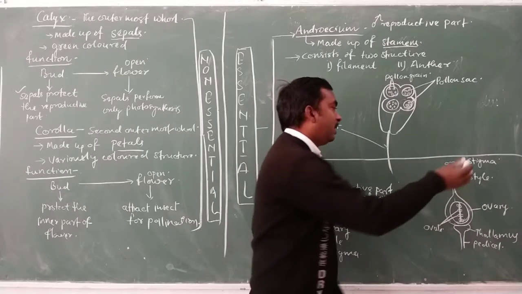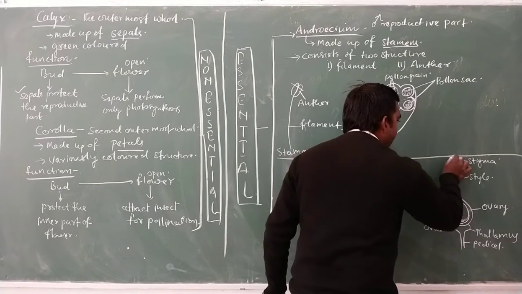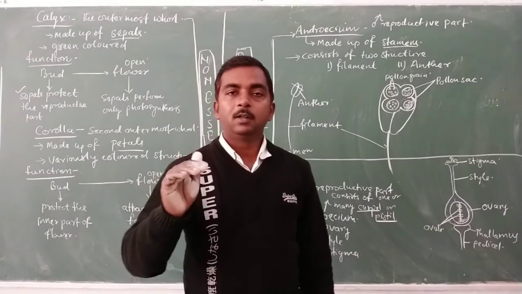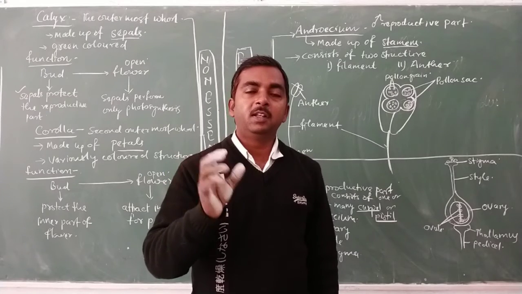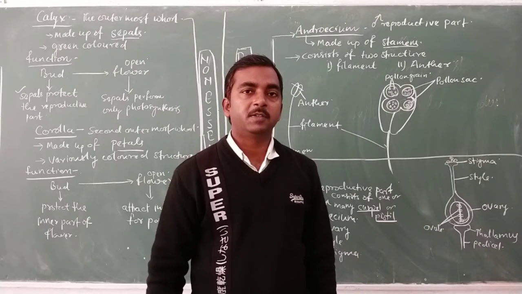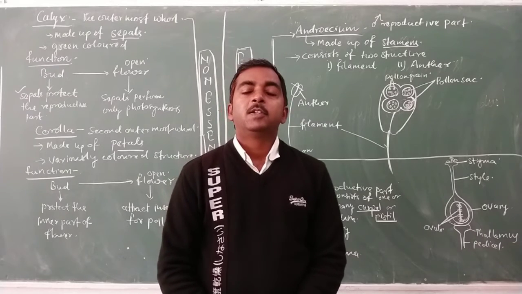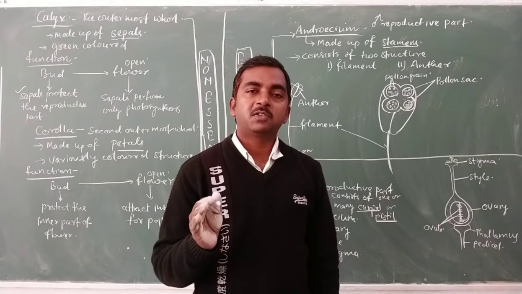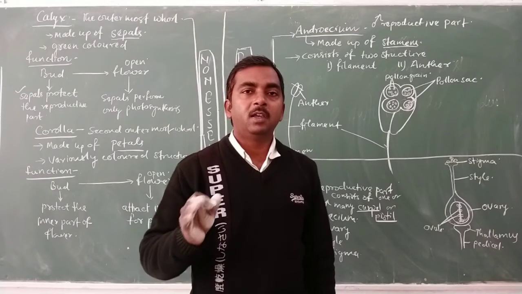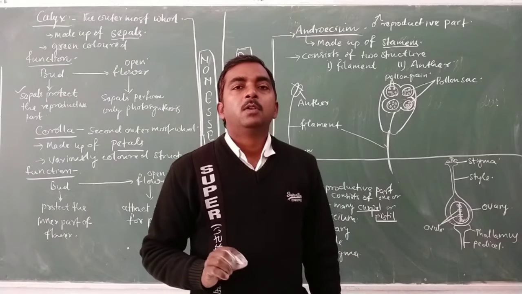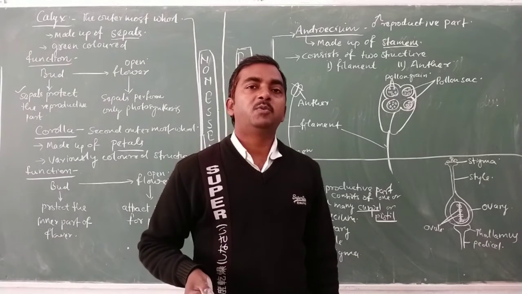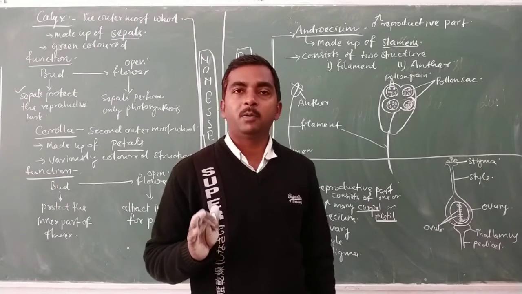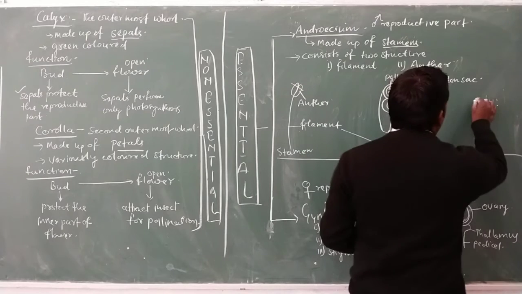So the pollen grains come and fall over the stigma, which is a soft, sticky surface. When pollen grains fall over this soft and sticky surface, they start to germinate by absorbing moisture.